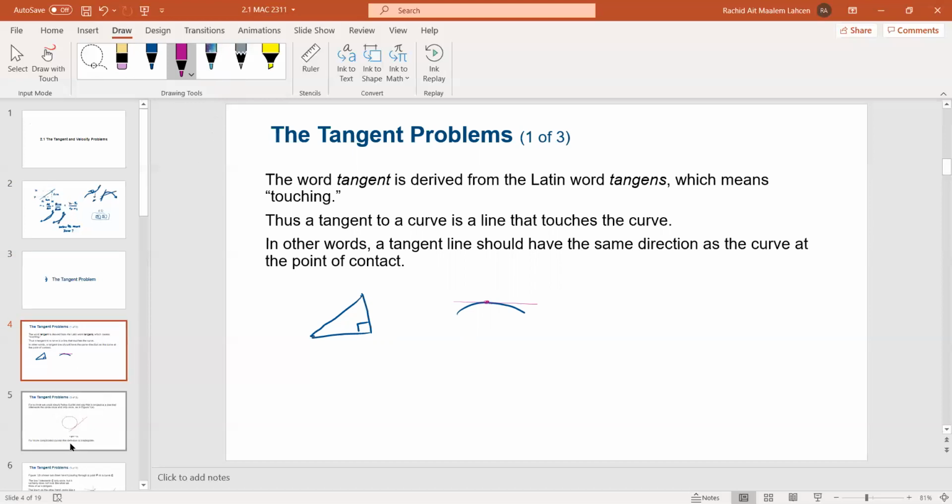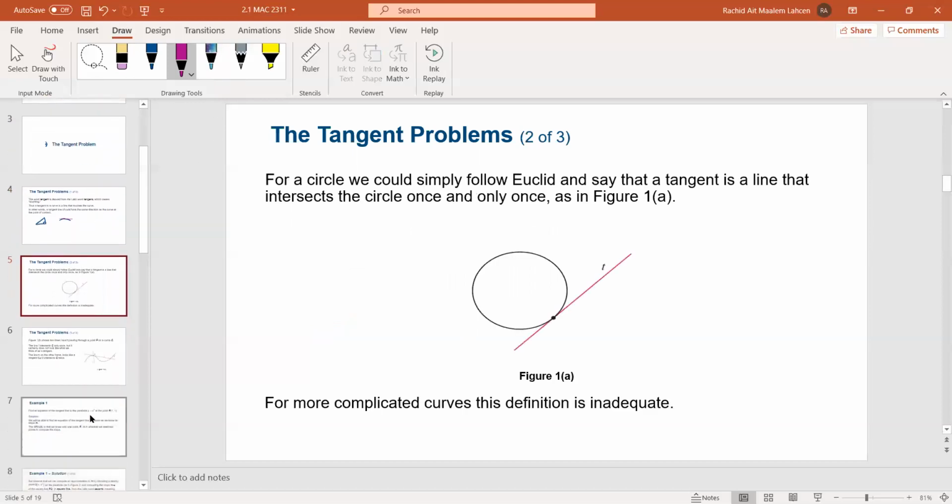To show that, a simple one will be a circle. As Euclid says, a tangent is a line that intersects a circle once and only once. So if we do it like this at this point, this is a tangent line and we can call it L, for example.